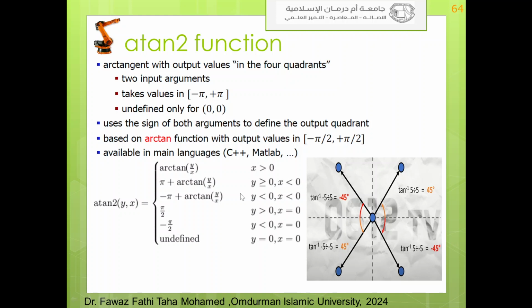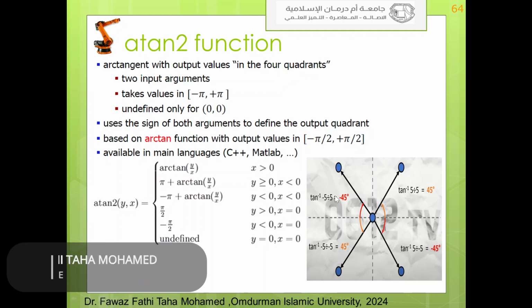Okay. So for this case, x is less than 0 and y is greater than 0.